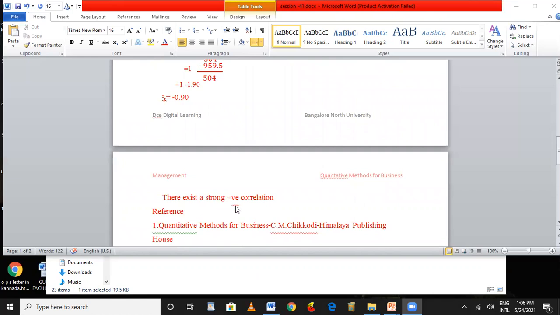There exists a strong negative correlation between the X judge and the Y judge. For the X series, the first judge has given the judgment, and for the Y series, the second judge has given the marks, so between X and Y there is a strong negative correlation.